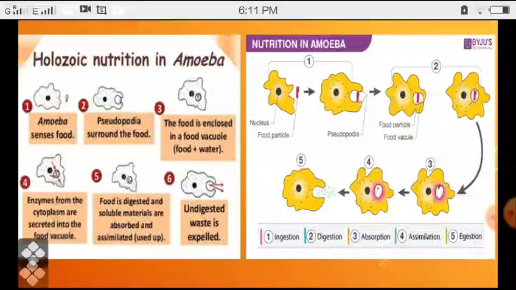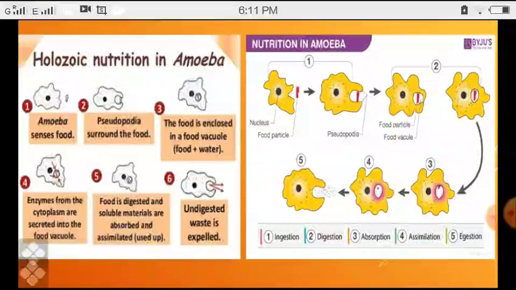Then the food dissolves and absorption takes place. The digested, soluble materials are absorbed into the cell so that life processes can happen.